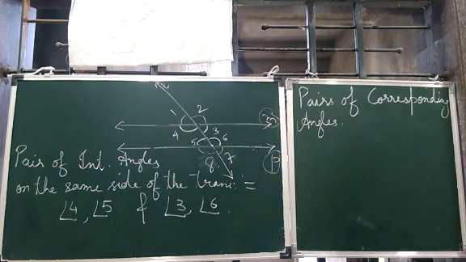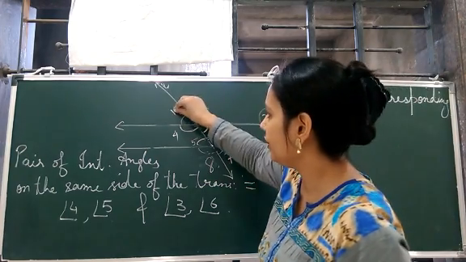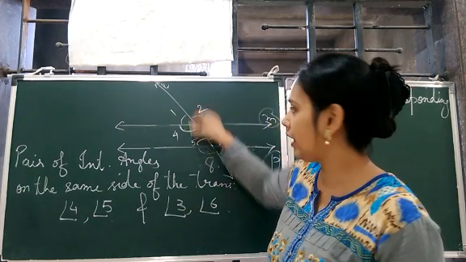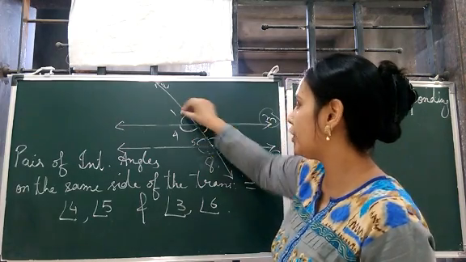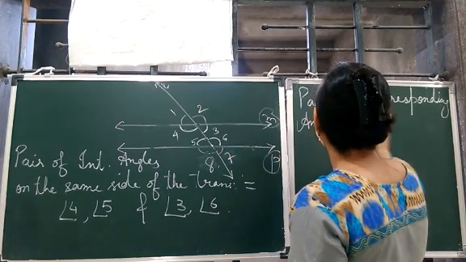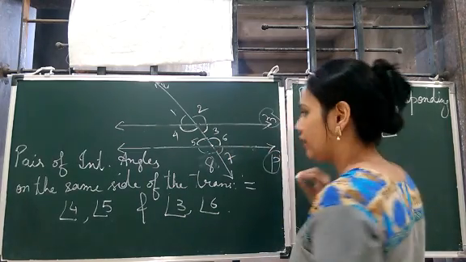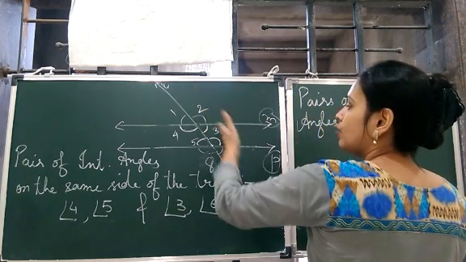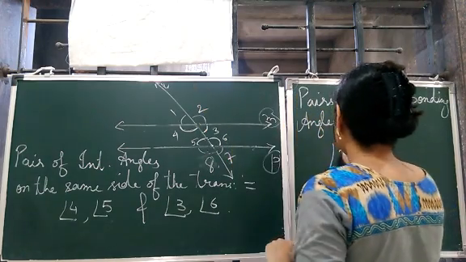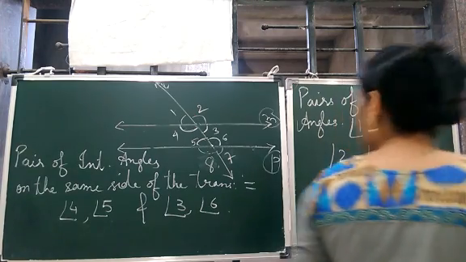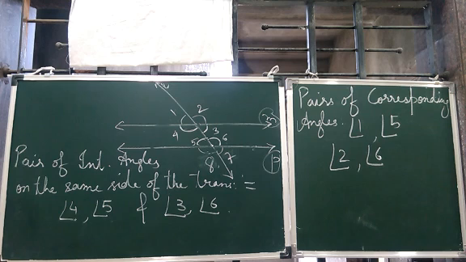Pairs of corresponding angles: angle 1 and angle 5. They are corresponding to one another. So 1 and 5 are corresponding angles. Similarly, 2 and 6 are corresponding angles. Yes, angle 2 and angle 6 are corresponding angles.